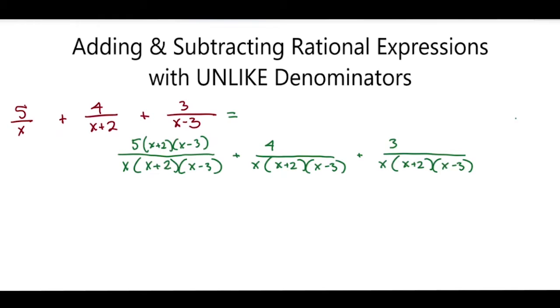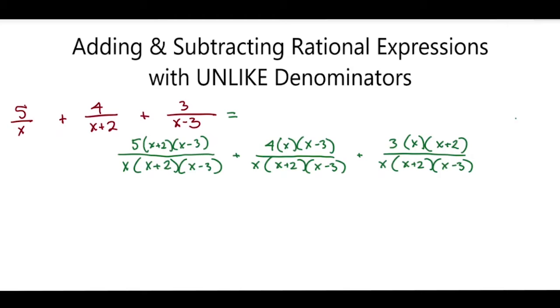I'll multiply the 4 by x and x minus 3. And then I'll multiply the 3 by x and by x plus 2. So now we have our 3 fractions.